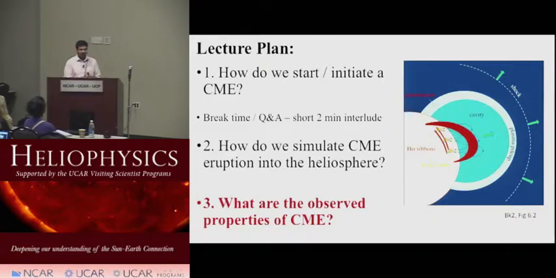So now we have a rough idea of the initiation problem, looking at simulations into the heliosphere, and we've got lots of models for how they can initiate. We've got a few different models of how they try to replicate what they see in observations. What I want to move on to is the actual observations that we have, what kind of properties they have, and what we can actually measure.